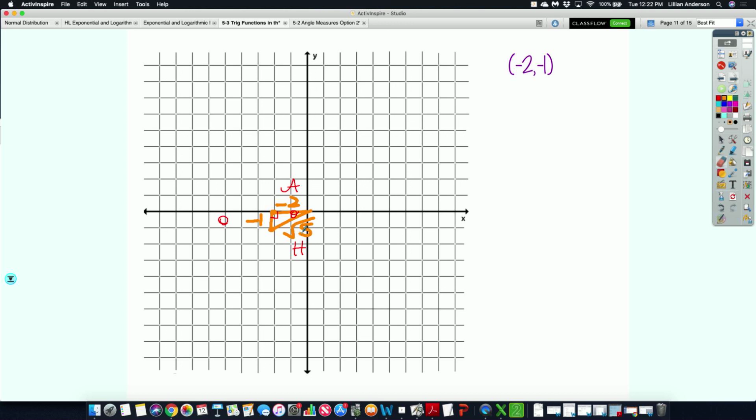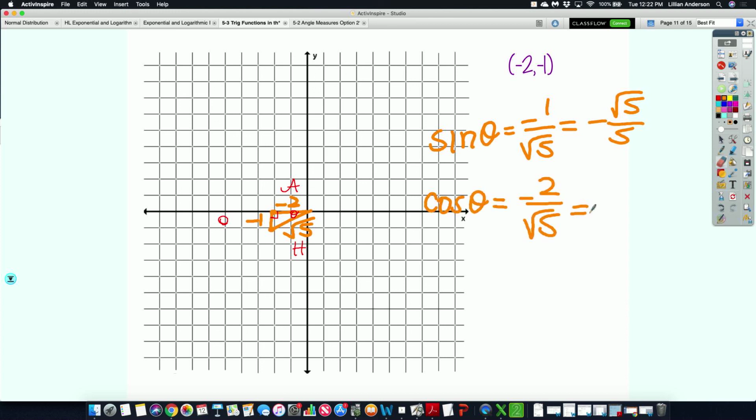So running down the 6 trig functions, sine was what over what? You do need to rationalize, so what is that? Cosine. So that would be -2 square root of 5 over 5.